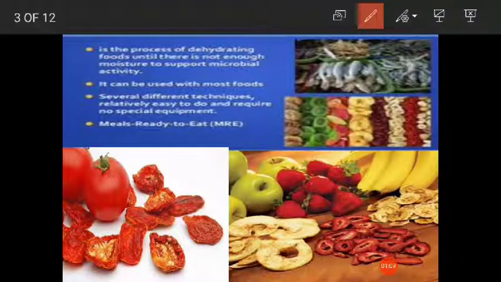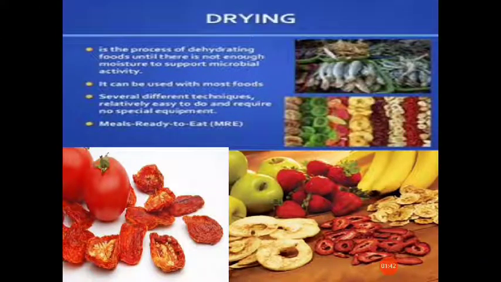In this method of preservation, the water content from the food item is being reduced sufficiently and thereby preventing or delaying the bacterial growth. Now, drying not only makes the food safe, or you can say removes water content, but also reduces the weight, and the food will become portable, easy to transport from one place to another.